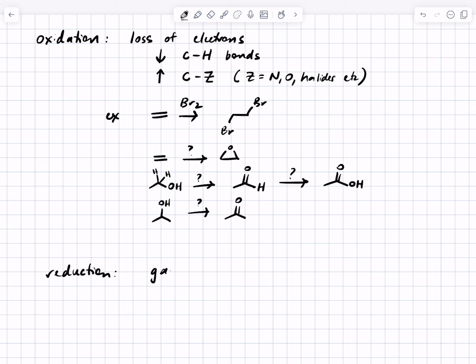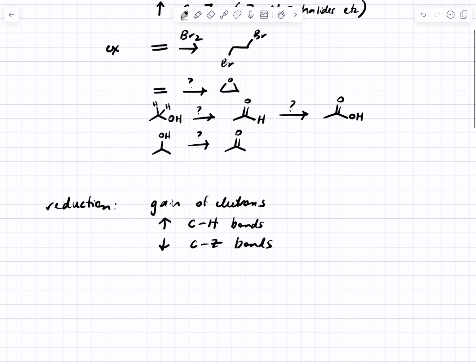So reduction is a gain of electrons, and this is going to lead to an increase in the number of carbon-hydrogen bonds, a decrease in the number of carbon-heteroatom bonds.